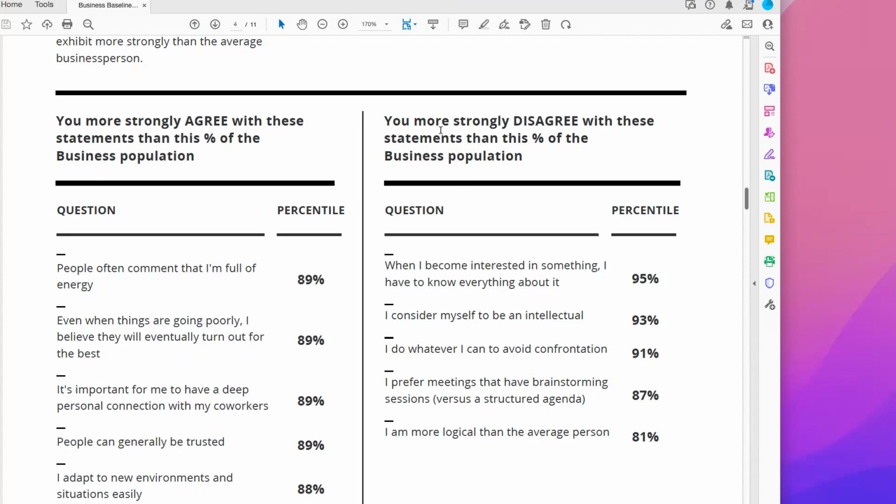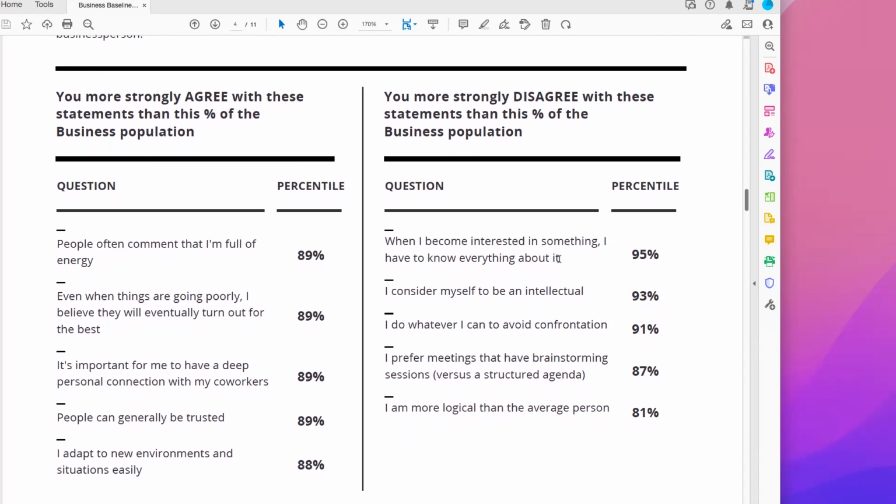Okay, over here, you more strongly disagree with these statements than this percentage of the population. So when I become interested in something, I have to know everything about it. Well, 95% of the population is not on board. They disagree less with that.